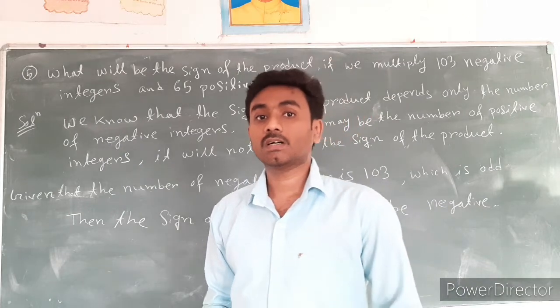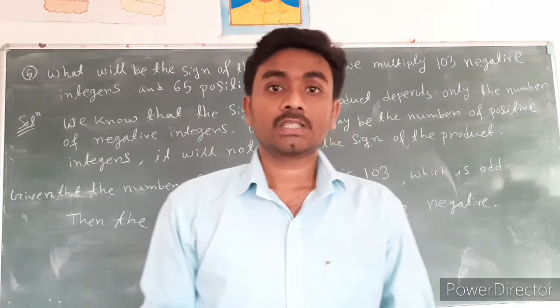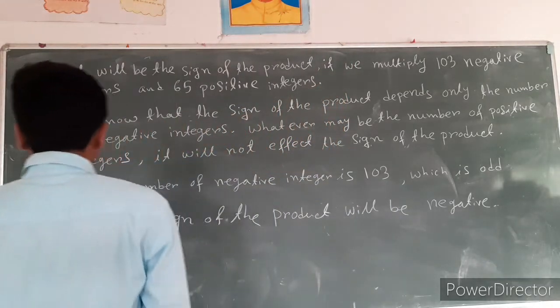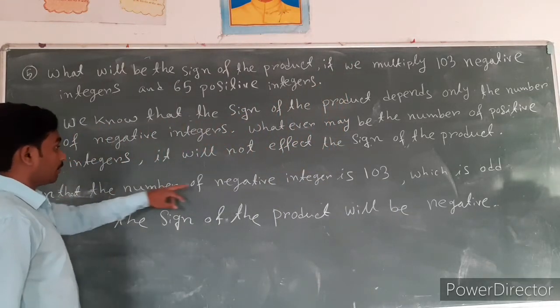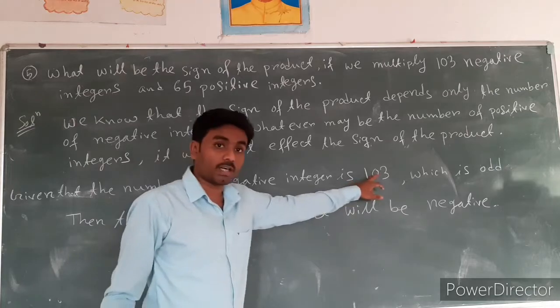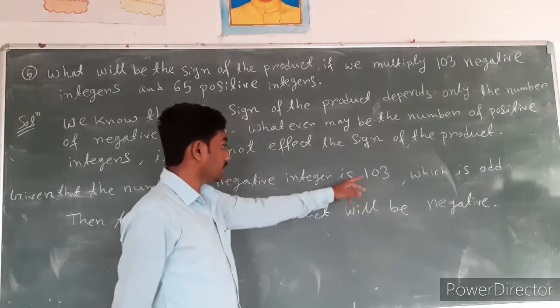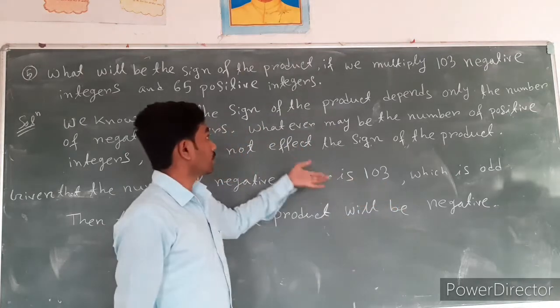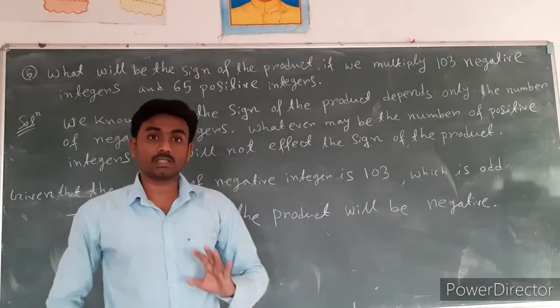Whatever the positive integers may be, they don't affect the sign of the product. Given that the number of negative integers is 103, which is an odd number, the sign of the product will be negative.